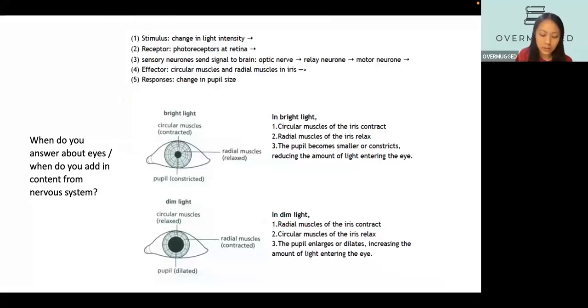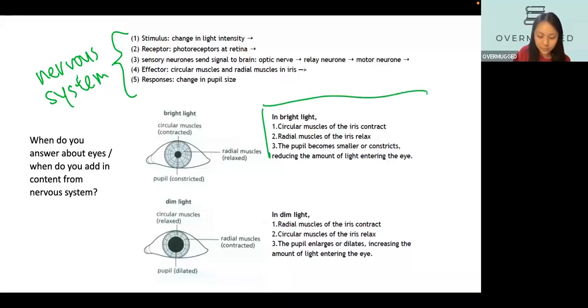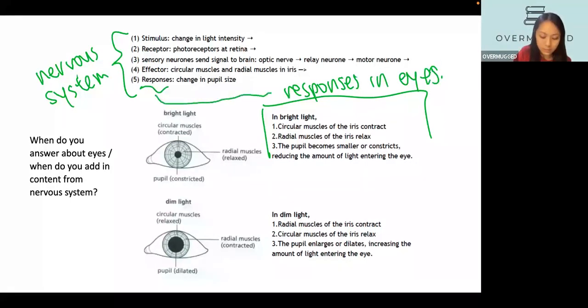This is the nervous system part, and you are familiar with this. You realize it's the nervous system rule that I talked about, all the keywords here. And then here are the responses in the eyes.